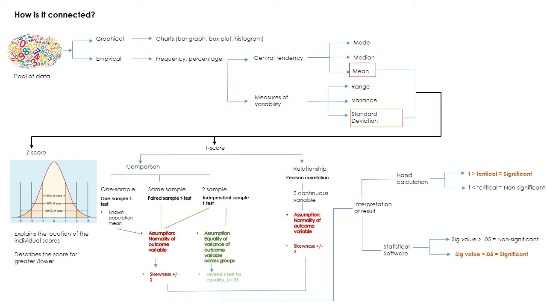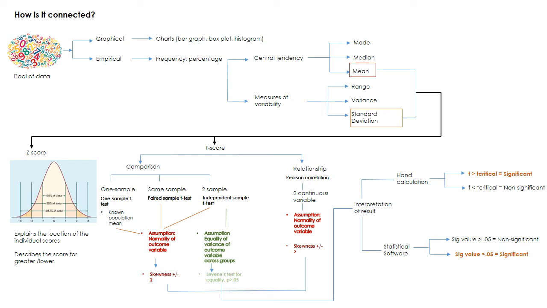We used the mean and standard deviation information to go into further interpretation, further exploration, or further explanation. That is when we use the mean and standard deviation to convert our raw data into different score types.